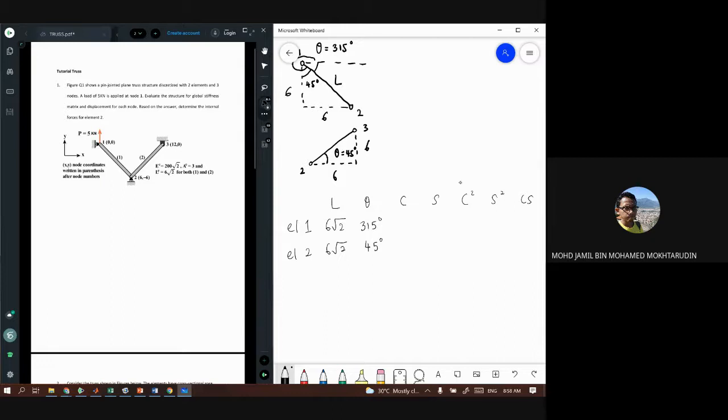So you get square root 2 over 2. Sine 315, you get negative square root 2 over 2. So cosine square, you get half. Sine square also half. And then cosine times sine, you get negative half. Okay, so repeat the process for element number 2.